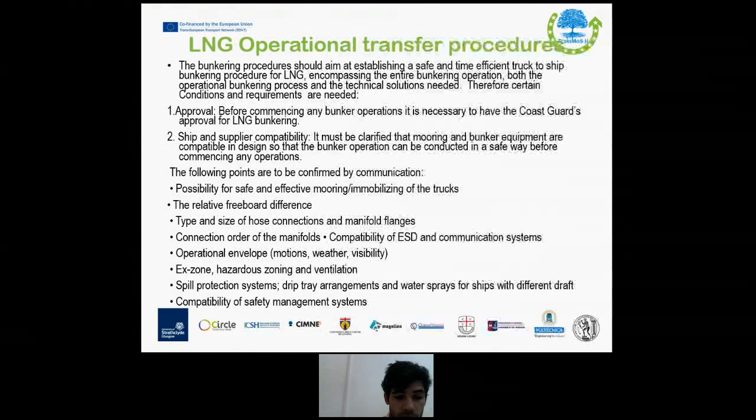Operational envelope, which includes motions, weather, and visibility. Ex zones, hazardous zoning and ventilation. Fire protection systems, where drip tray arrangements and water sprays for ships with different draft are considered, while finally, compatibility of safety management systems.